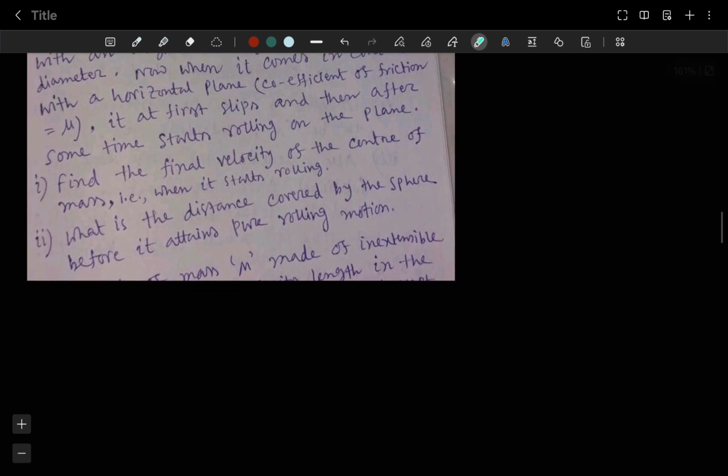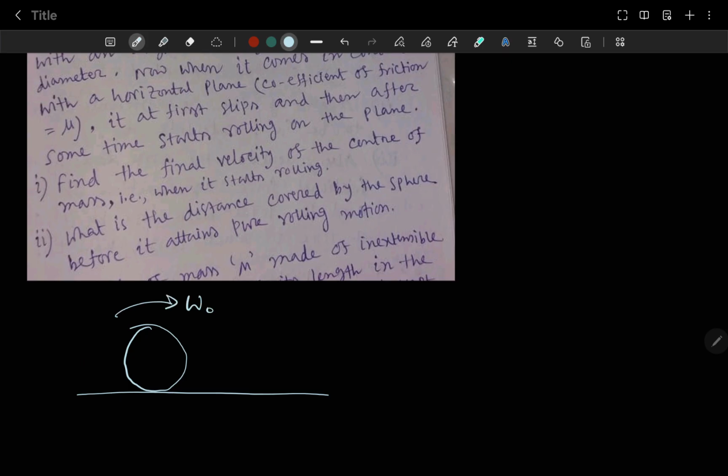So suppose this sphere was rotating with omega 0, but it was not translating because no surface was there. So this velocity was 0 initially. Okay, so the bottommost point was 0 and this was omega 0 r.